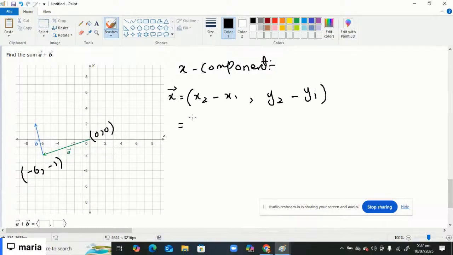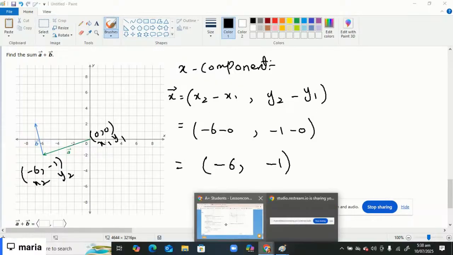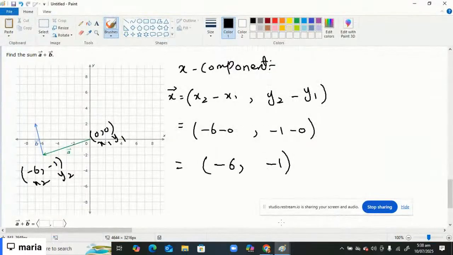So what is x2? Minus 6 minus 0, minus 1 minus 0. So the answer is minus 6 and minus 1. This is your x1 y1, that is your x2 y2. Let's see if our answer is right: minus 6 and minus 2. Sorry, it's minus 2. I was wrong.